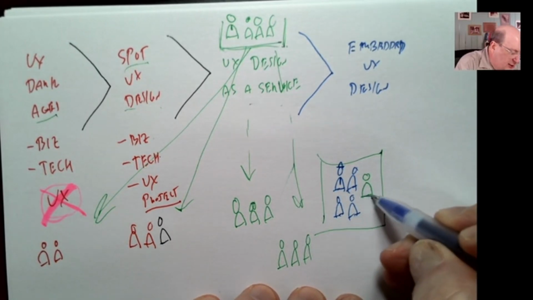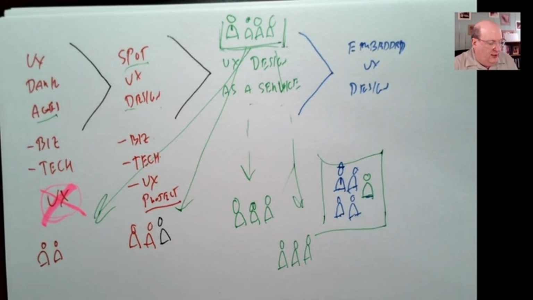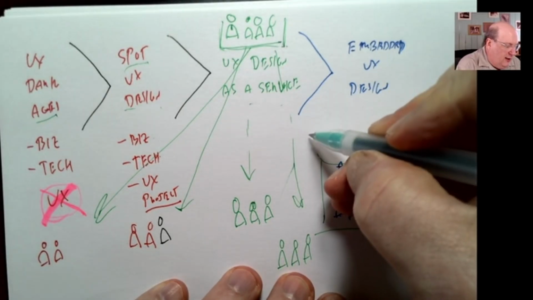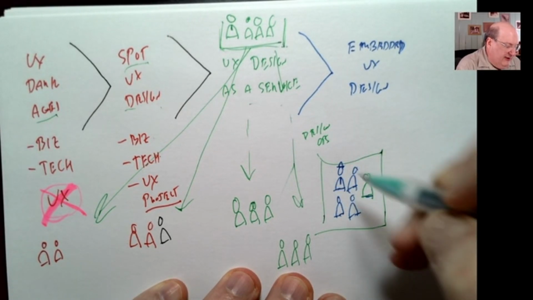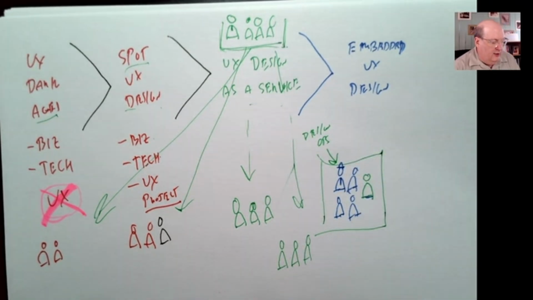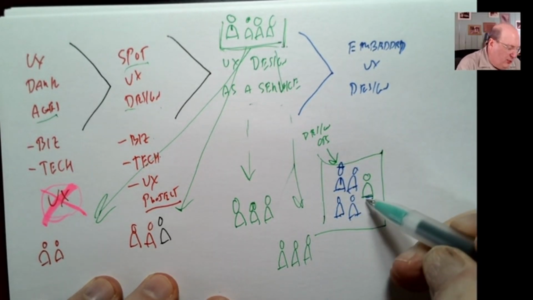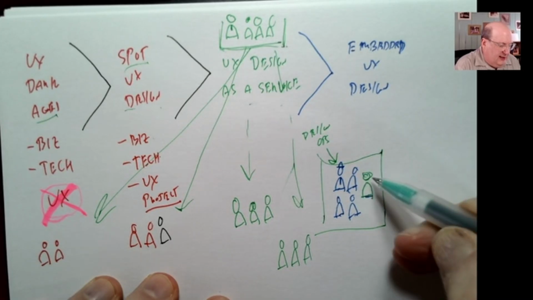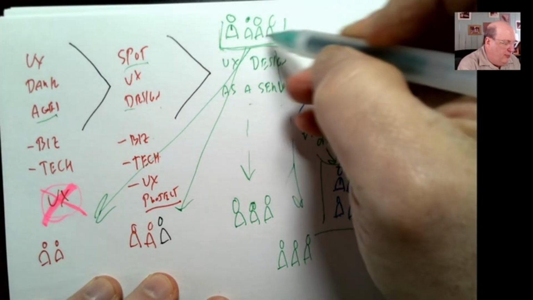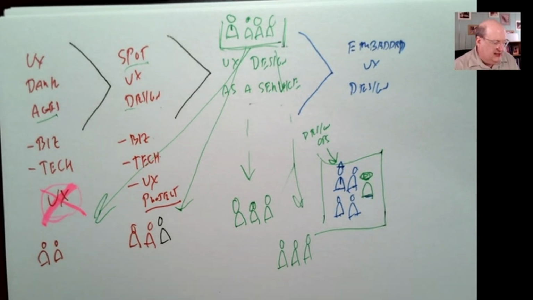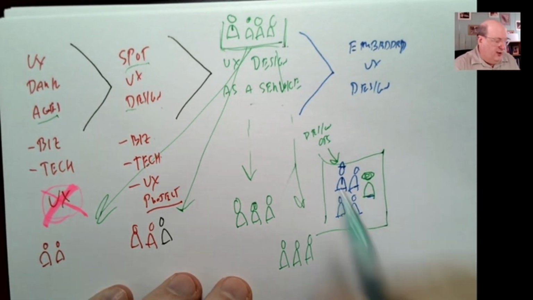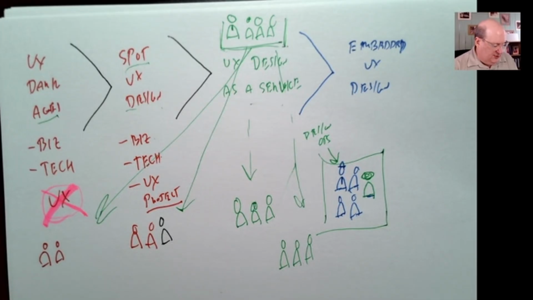But this UX person still needs support, and this is where design ops comes in, because part of it is really about supporting these embedded designers who are no longer part of the team but still need the tools and capabilities that you get when you have a larger UX effort across an organization.